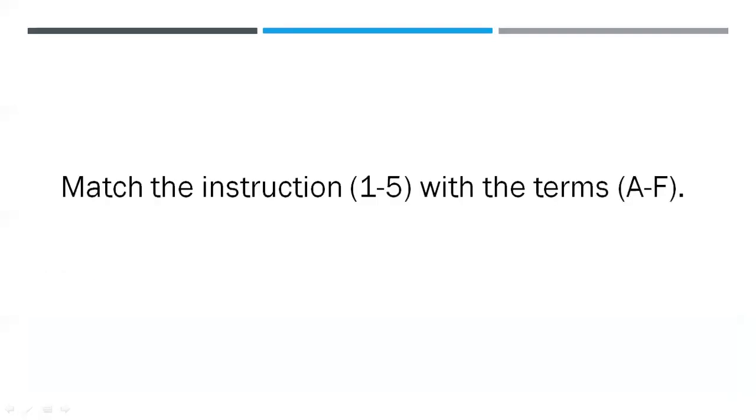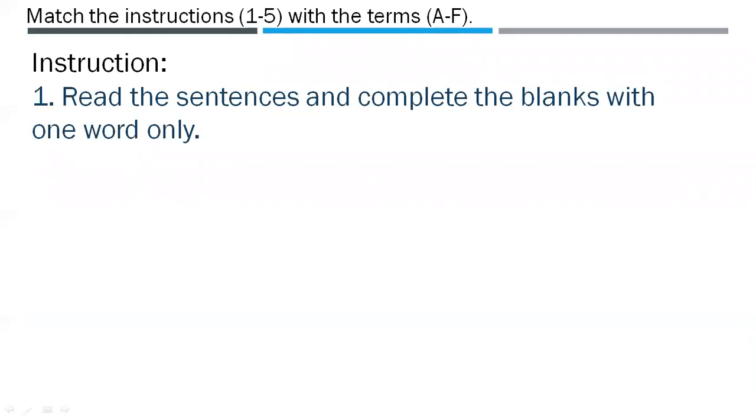And now the TKT part. We will have 5 instructions that the teacher gives to his or her students, and then we need to match these instructions to the terms. The first instruction is this: Read the sentences and complete the blanks with one word only.